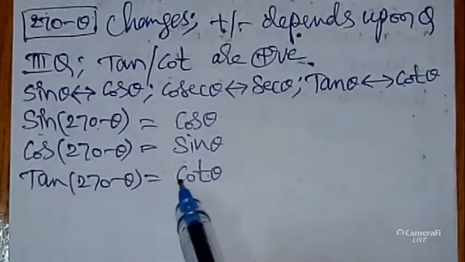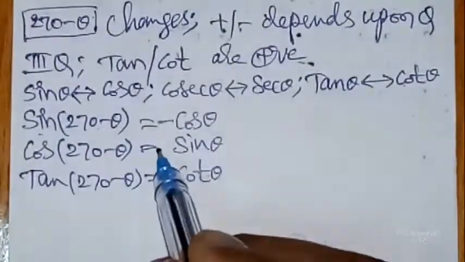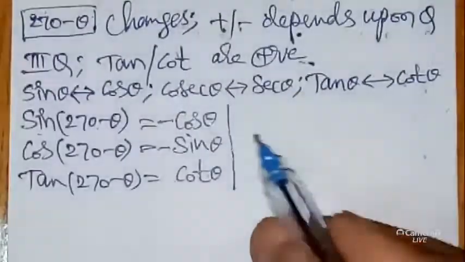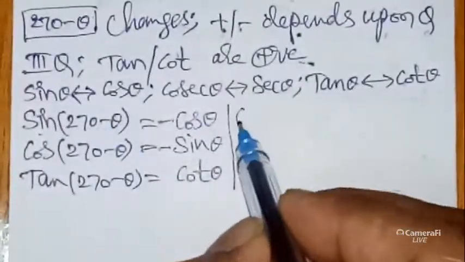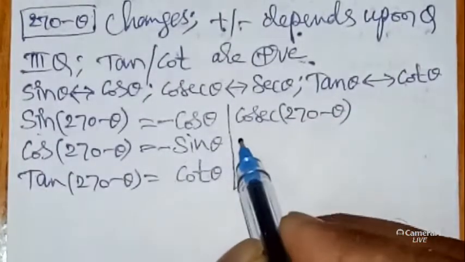Okay, no need to write a negative symbol here. What about sin? Negative symbol. What about cos? Negative symbol.